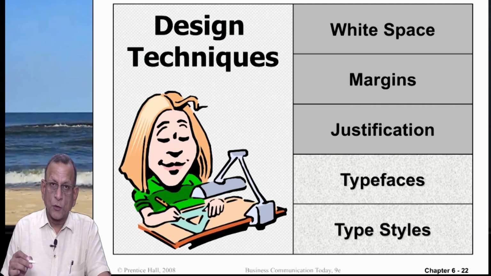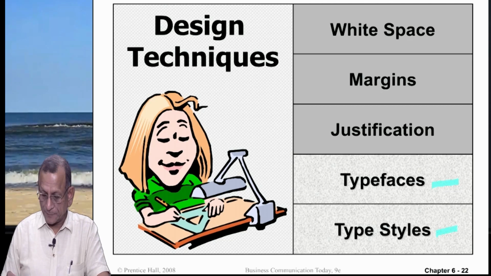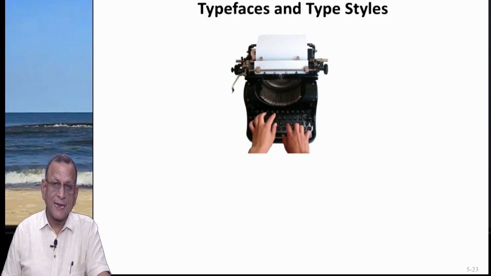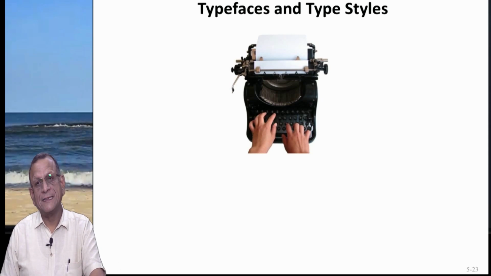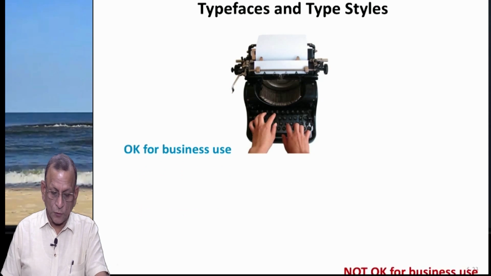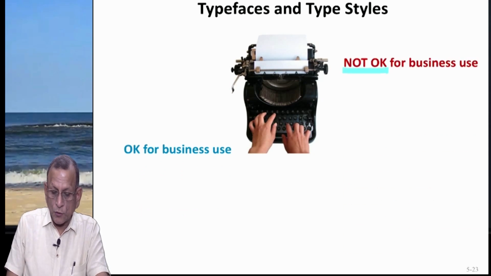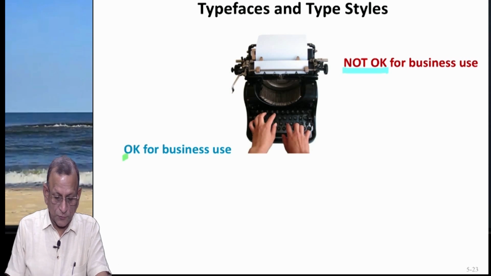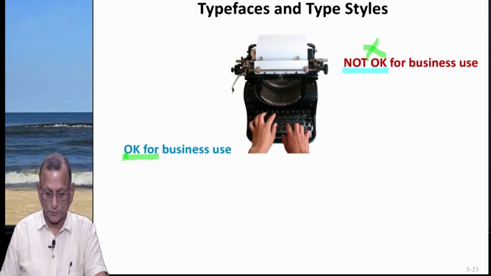Then, the next part is typefaces and type styles. Two things are there: typefaces and type styles. Let's understand the kind of typefaces and styles that are acceptable and not acceptable. So, okay for business use and not okay for business use.